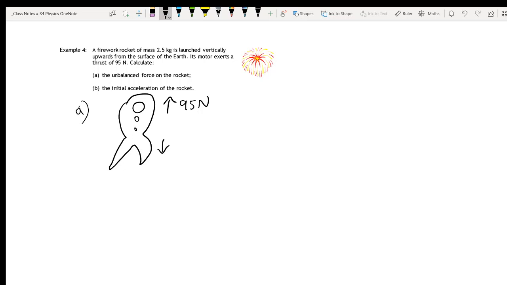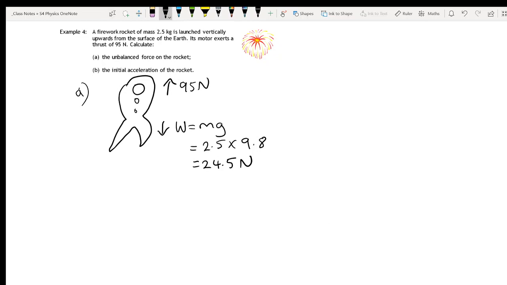Yeah, it's the weight. So you have to work out the weight of the rocket, which is coming down. So the mass of the rocket is 2.5. And obviously, gravitational field strength on Earth is 9.8. So the weight of the rocket is 24.5 newtons. So therefore, the unbalanced force is 95, take away 24.5.